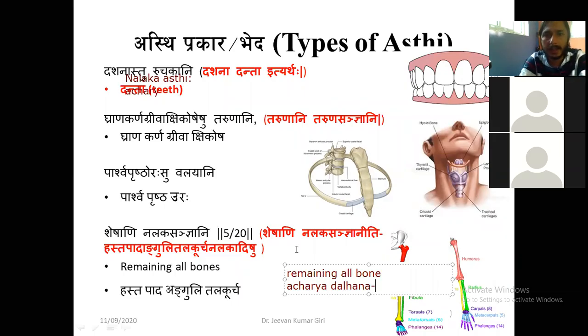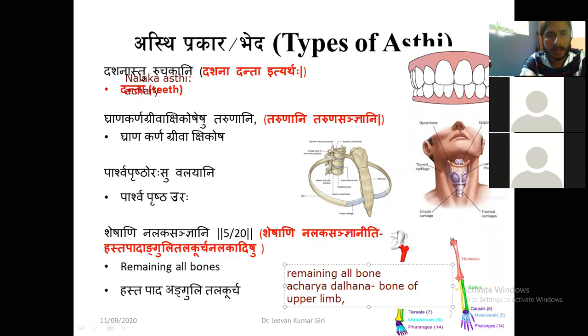Seshani Nalaka Sangyani iti Hastapada Anguli Talakurcha Nalakadishu. So what are the remaining bones? Acharya has told that the Nalaka Sangyani means the bones of Hastapada, Anguli, Talakurcha, Nalakadishu. So all the bones of Hastapada, Anguli. Hasta means the bones of the upper limb.